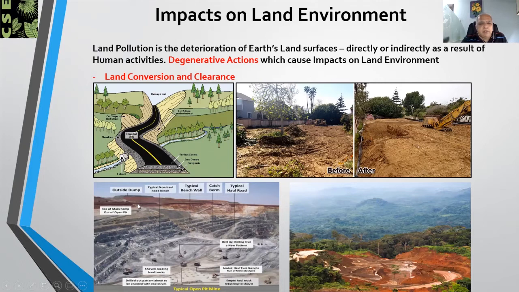But if you see the level of the top of the hillock to the point below, a lot of earthwork has been done, and the site has been excavated to that level in order to remove the mineral from the ore body.